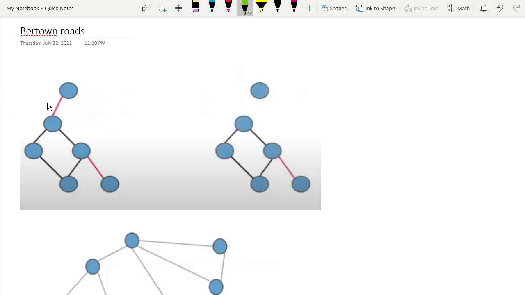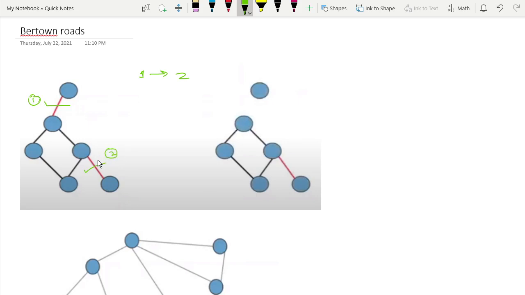So suppose in this case, if we remove this edge, then the number of connected components will increase from 1 to 2. Or if you remove this edge, then also the number of connected components will increase. So in this graph there are two bridges. The first one is this bridge and the second one is this bridge.